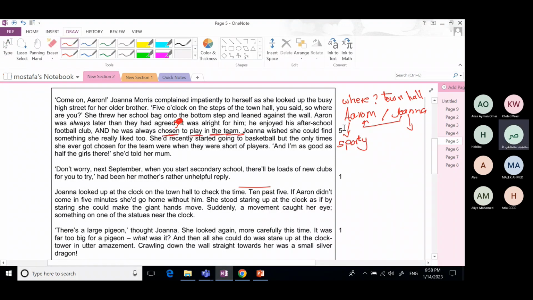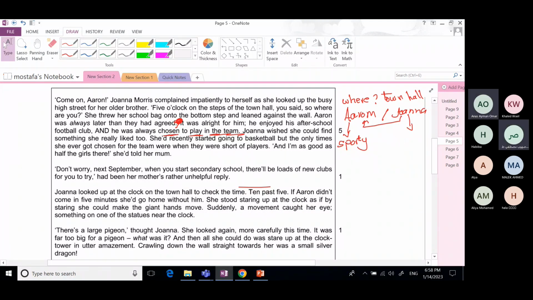It means he is successful and skillful enough to play. So he is sporty. What about Joanna as a character? She really wants to find something that she also likes. So she wanted to find something to be successful, same as her brother. She recently started going to basketball. Exactly. She joined the basketball club to be successful, same as her brother.